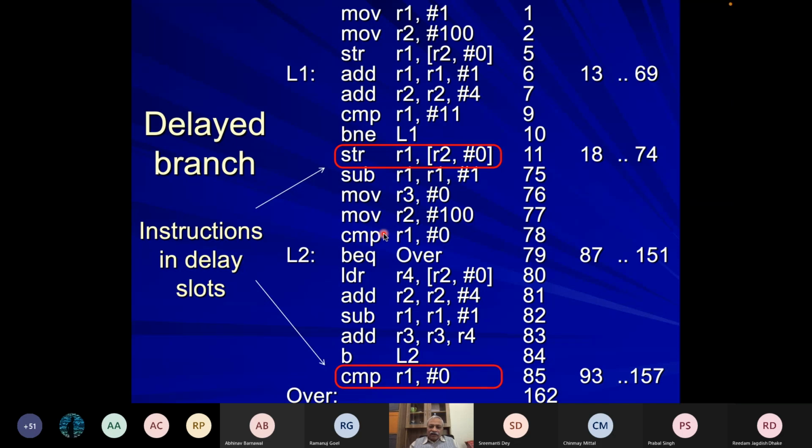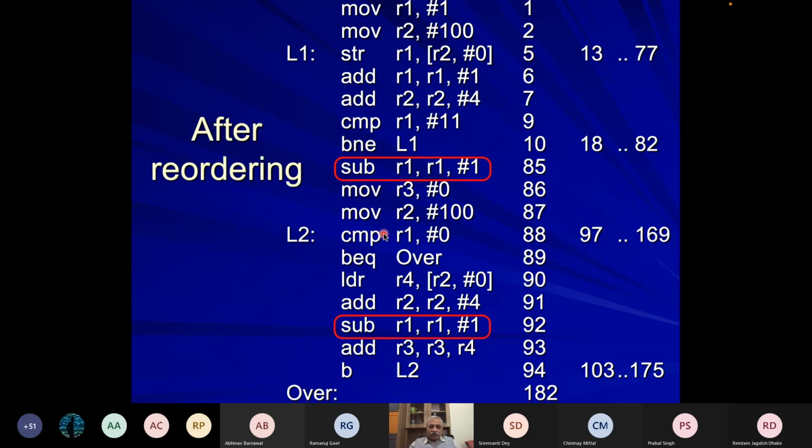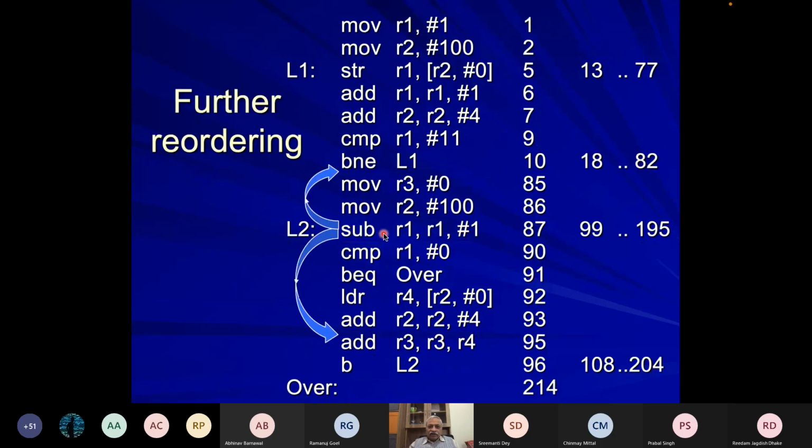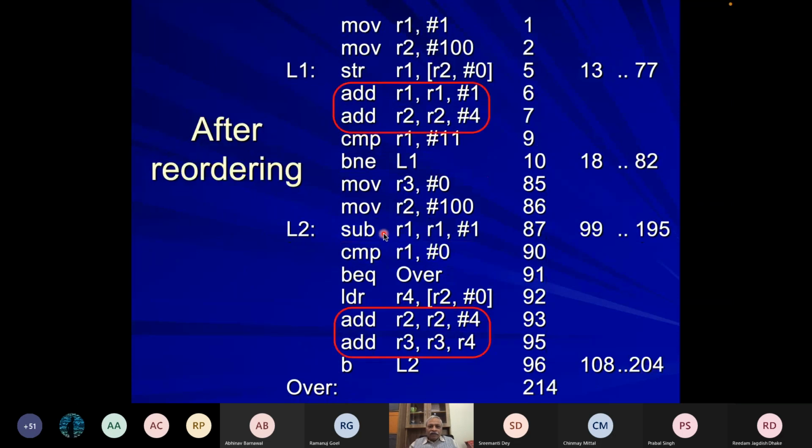Reordering, as we did here to take care of data dependencies, is a software solution for the same thing. Now, even after data forwarding, all the data dependency stalls may not go away. So in fact, one could even work with a combination of the two.